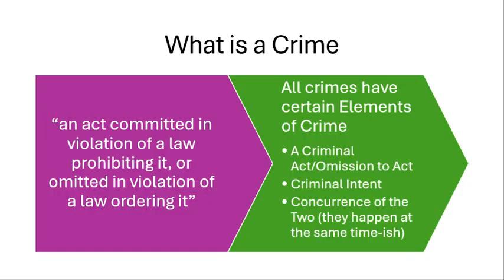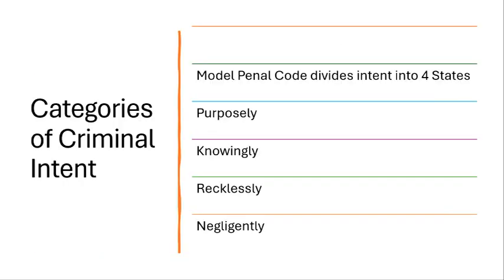We know that there's a criminal act, criminal intent, and concurrence of the two. If we remember, a criminal act can be a physical act or not acting when supposed to. Intent is the reason behind it, and concurrence means that they are both happening.